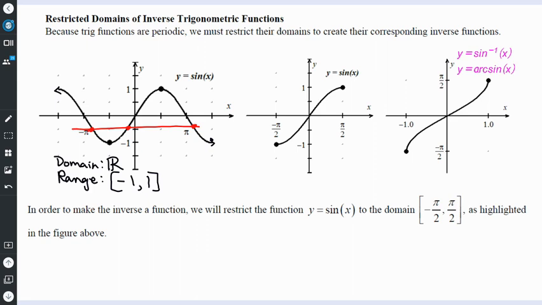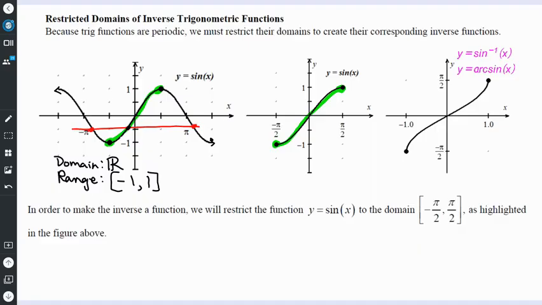We're restricting the domain from negative pi over 2 to pi over 2, just like right here. If we restrict the domain, does this part of the sine pass the horizontal line test? Yes. Now that it passes a horizontal line test, now the inverse graph will pass its own vertical line test.